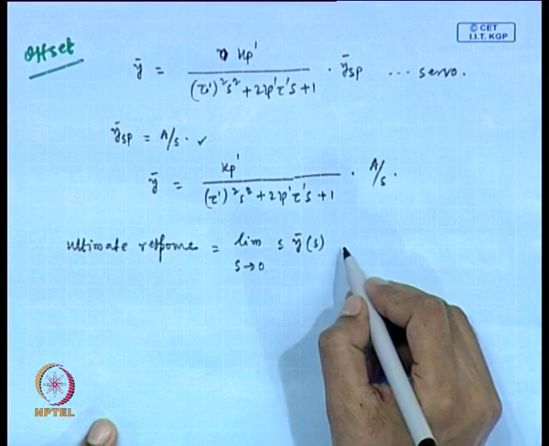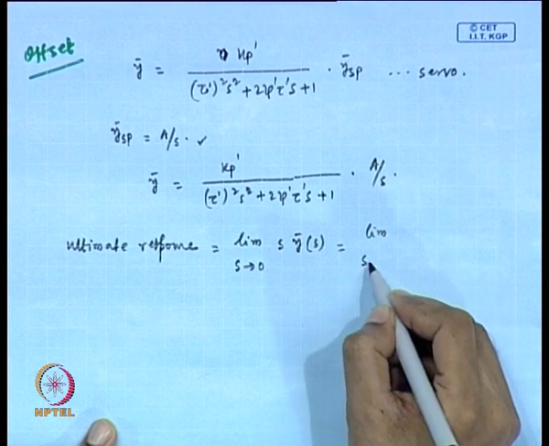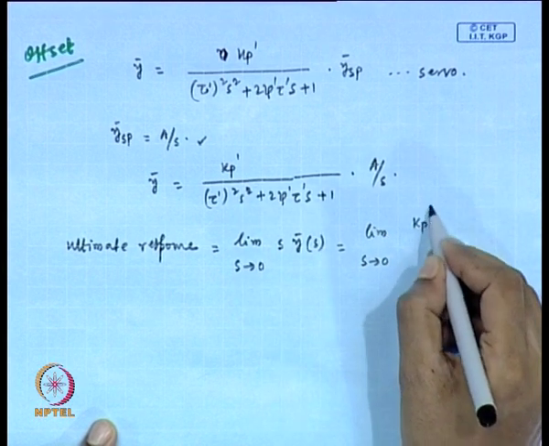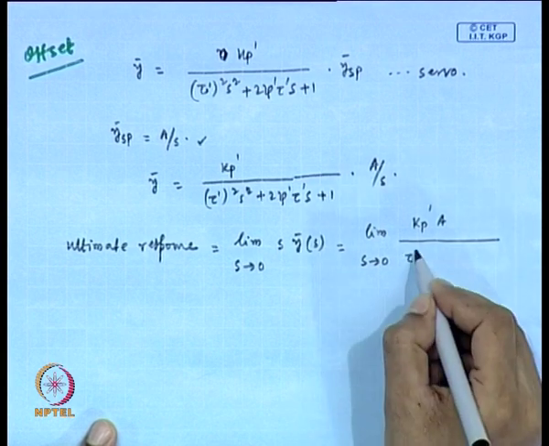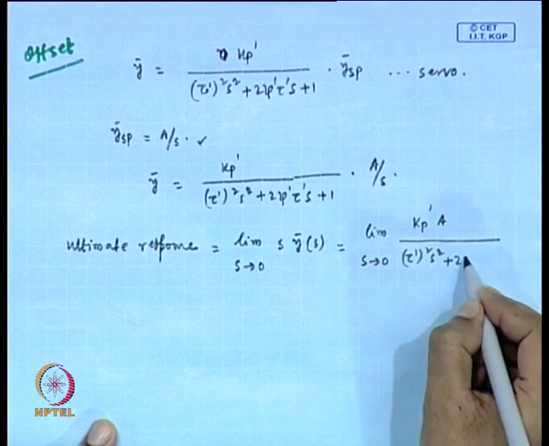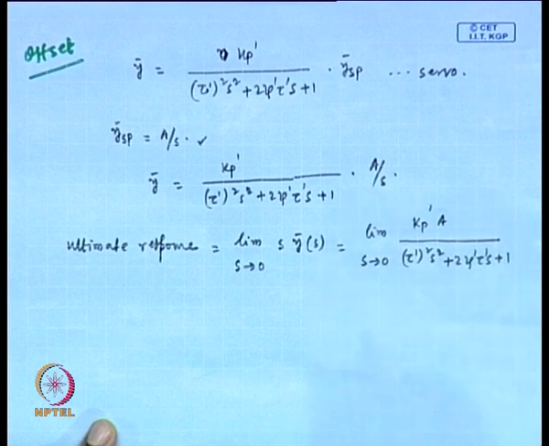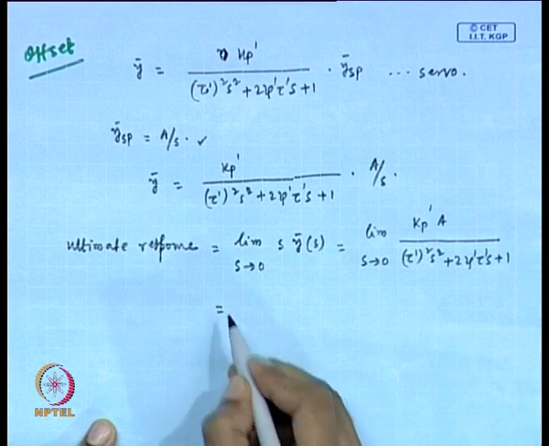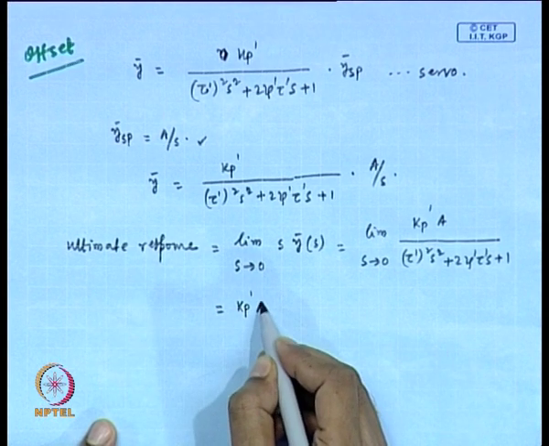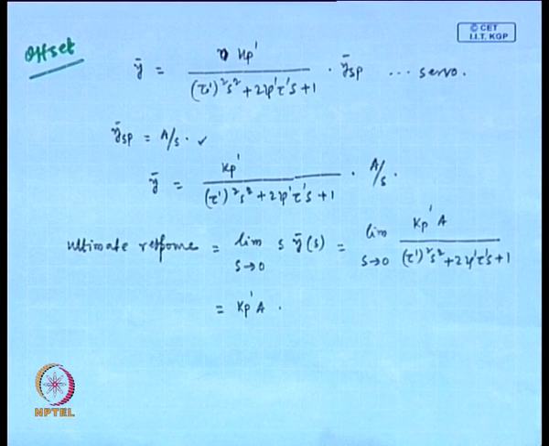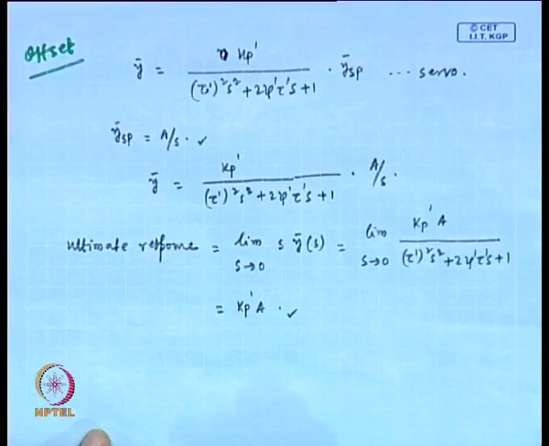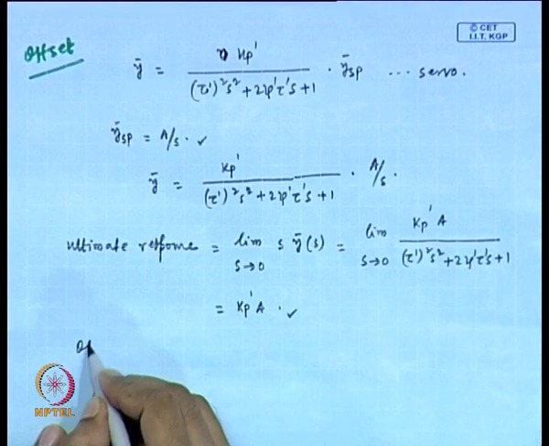So, limit s tends to 0 of Kp prime A divided by tau prime square s square plus 2 zeta prime tau prime s plus 1, which is equal to Kp prime A. The ultimate response for the second order system under P only control, with a step change in set point of magnitude A, is Kp prime A. Then what about offset?